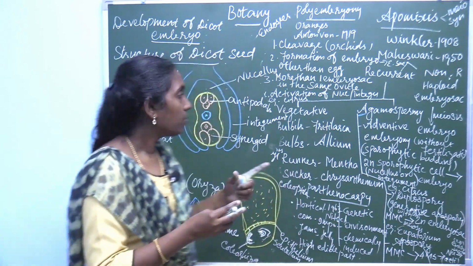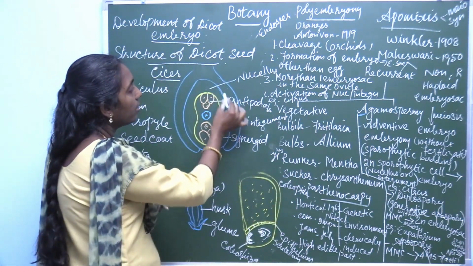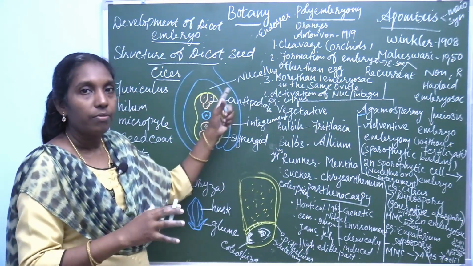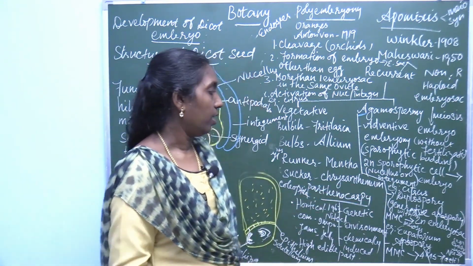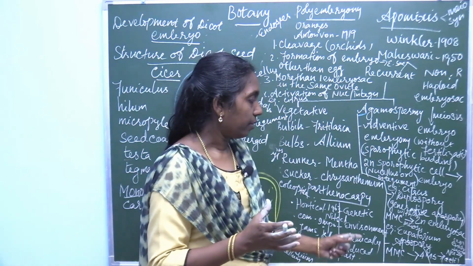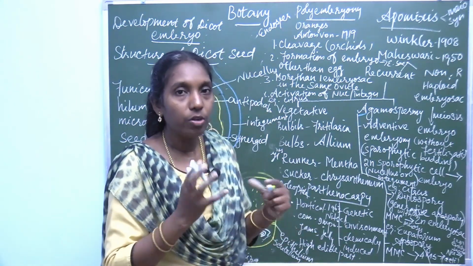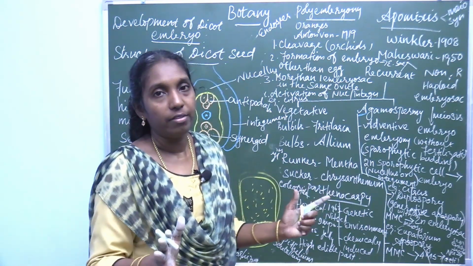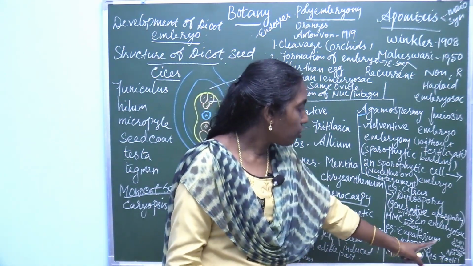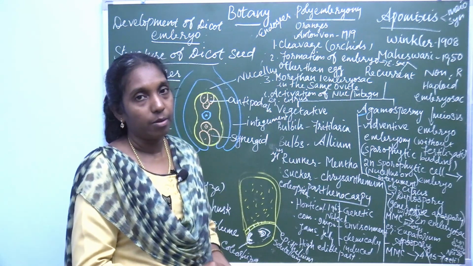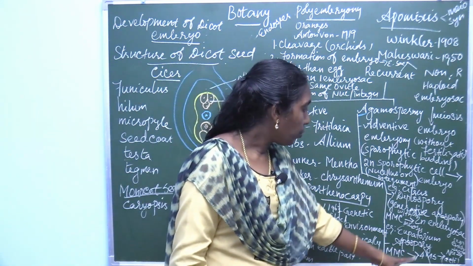So how is it possible? Either from the nucellus or integument, it produces the embryo, that is diplospory. Diploid embryo sac, diploid embryo developed without meiotic division. The example is Eupatorium. Then apospory.